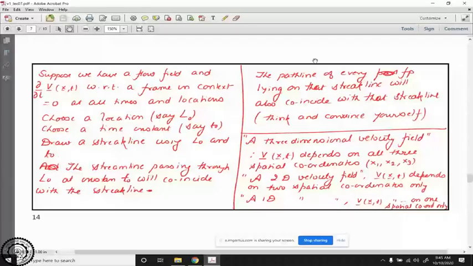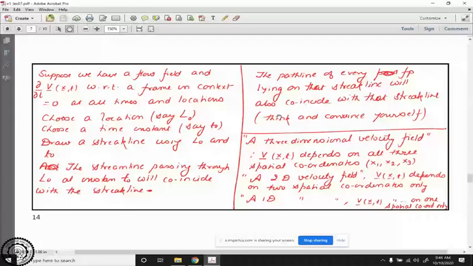I'm making a statement here, and in the past I have tried to explain this in class, but despite making attempts and using a lot of words, I'm not able to convey it clearly. So this time I am just leaving it on your imagination. You convince yourself, think about it.